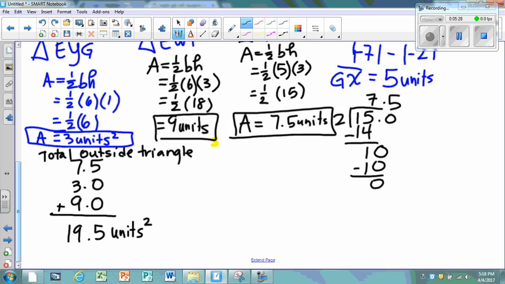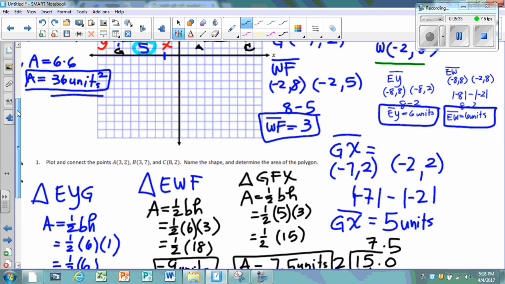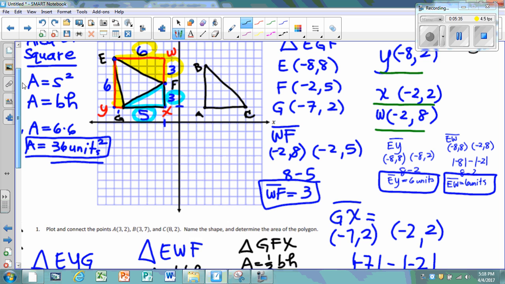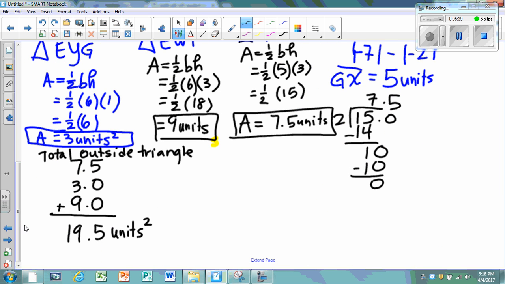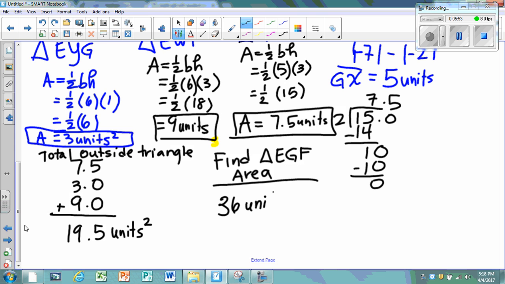And what we need to do next to find our triangle, and our triangle's name is EGF, so to find triangle EGF's area, what we have to do is subtract 36 units squared minus 19 and 5/10 units squared.